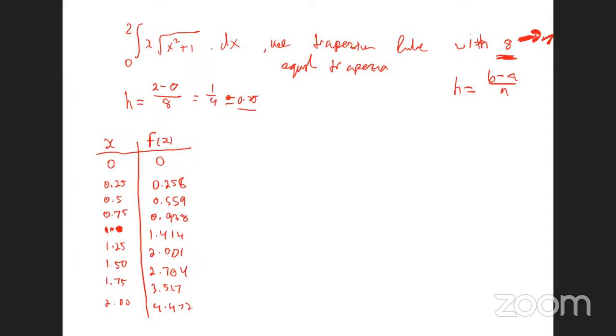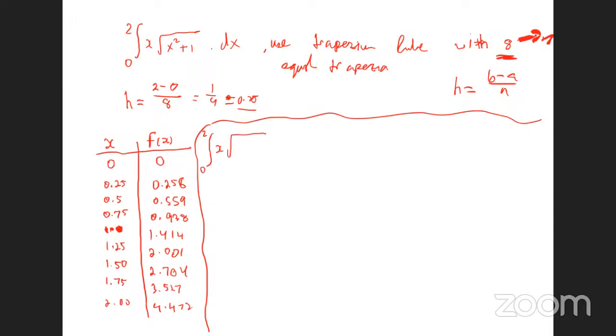So the formula now to get the integral of 20x by x squared plus 1, to get that integral, remember, is h on 2, where h is 0.25 on 2, open brackets, the first value and the last value, plus 2 by all the other values. 0.258 plus 0.559 plus 0.938 until the second to last value, 3.527.